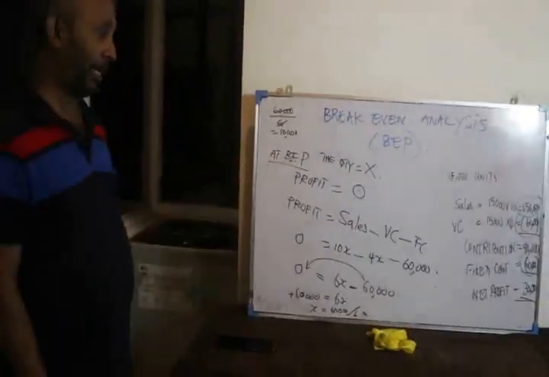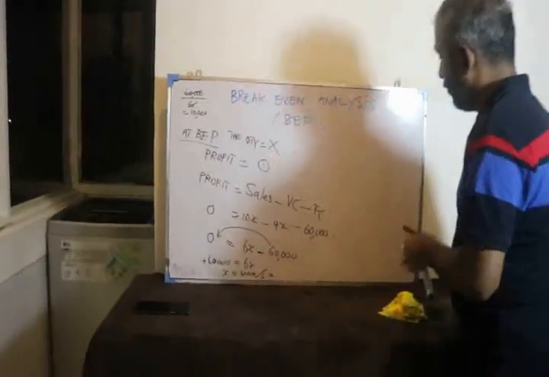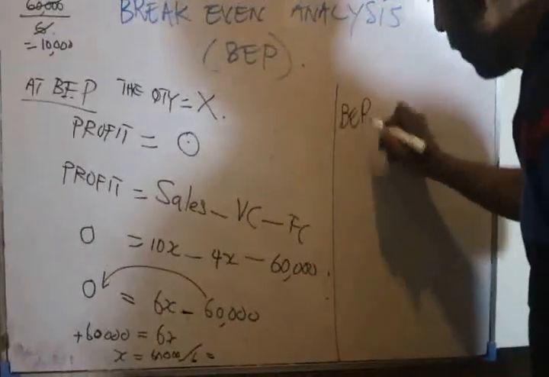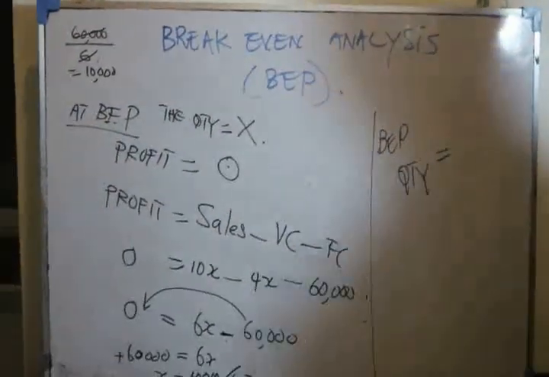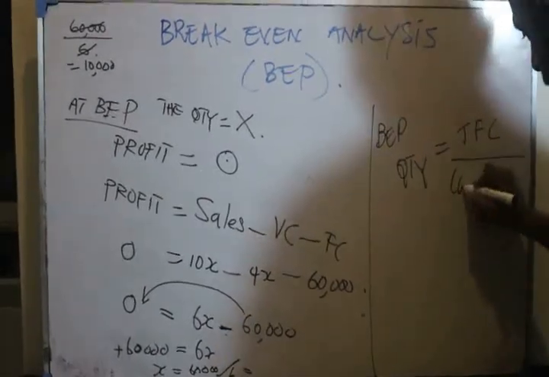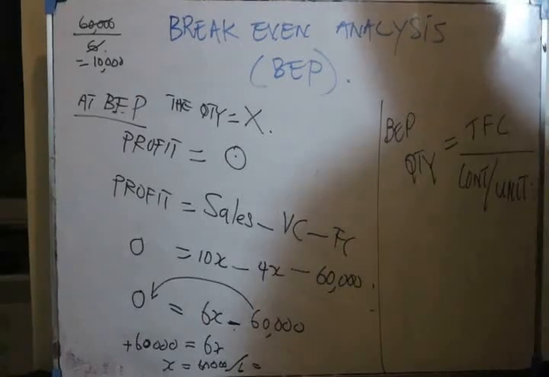But cost accounting has already given a formula for this. What is the formula? The formula is, if you want to calculate break-even point in quantity, what you do is take the total fixed cost and then divide by contribution per unit.